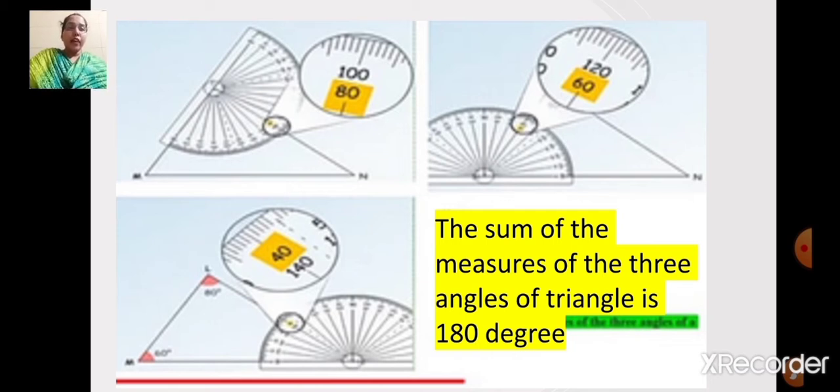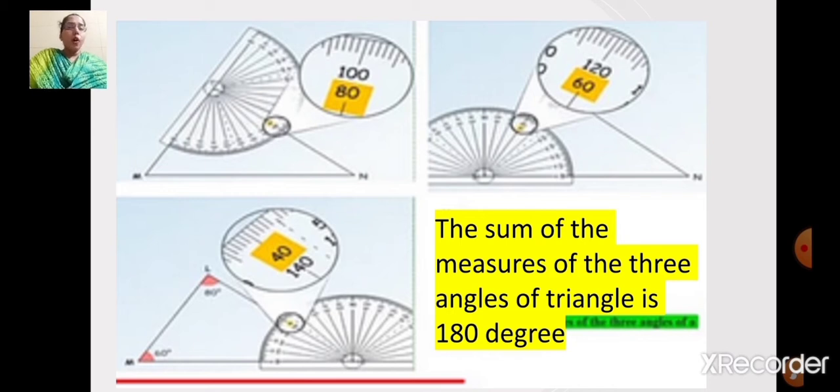Then the measure of angle M, I have kept my protractor here to measure the angle of M, that is 60 degree. You can see it in the second figure. Now the measure of angle N, I have kept the protractor in the third figure. You can see that is 40 degree. So angle L is 80 degree, angle M is 60 degree and angle N is 40 degree.